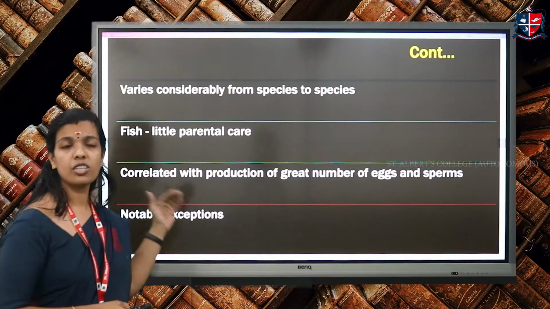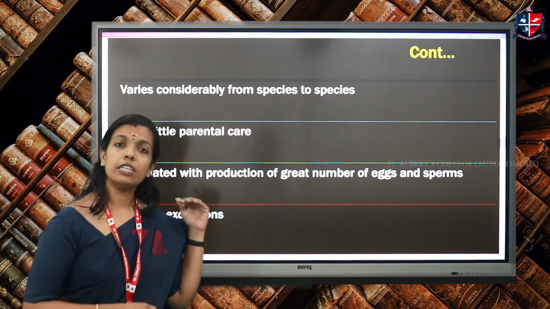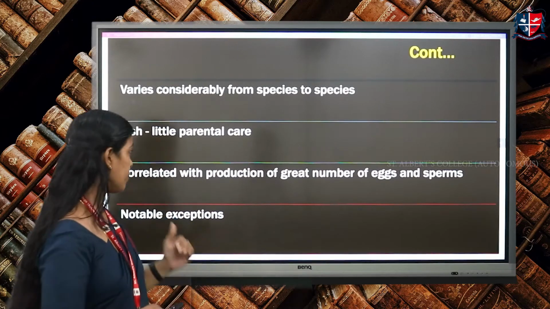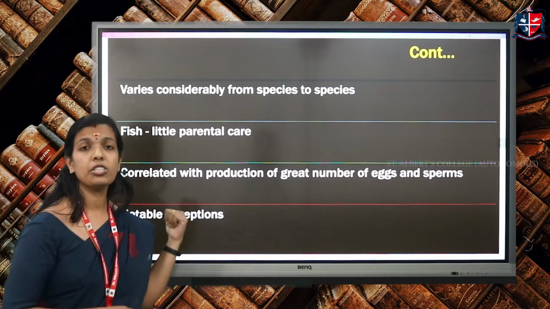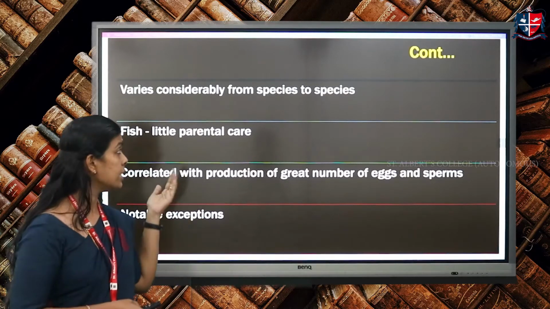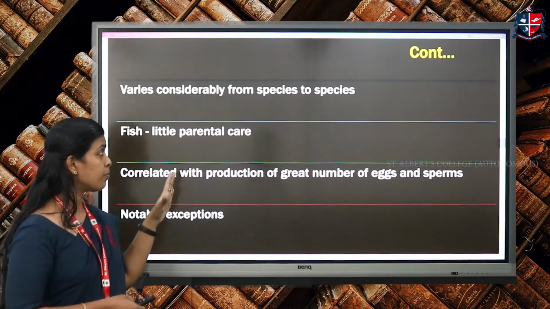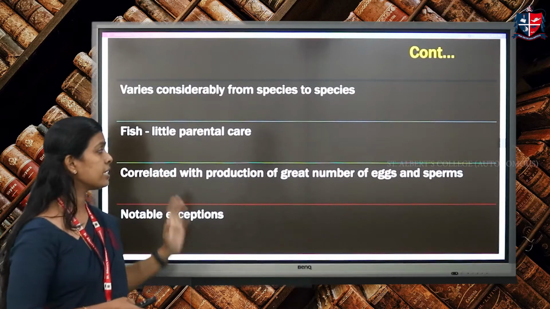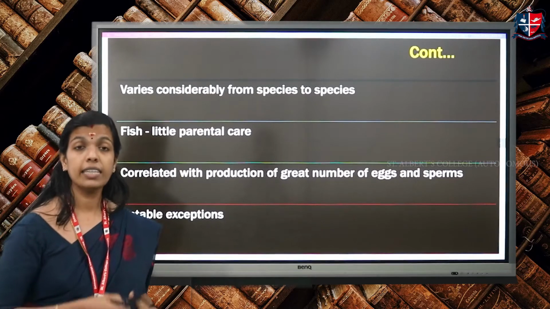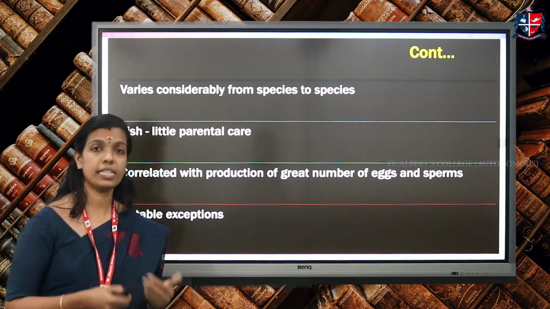As far as our topic, fish, is concerned, fish are known to exhibit only a little parental care. This is usually correlated with the production of a greater number of eggs and sperms, wherein there is a chance of greater survival.